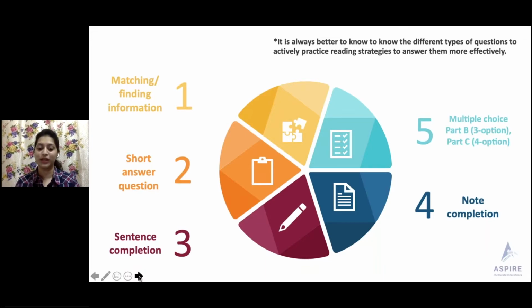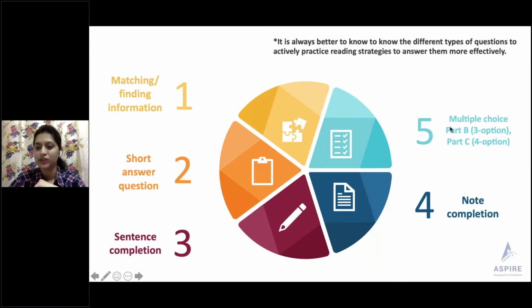You're not surprised by the question format, and when that happens, you end up getting more marks. So let's discuss a few question types. There are 5 possible question types in the OET reading subtest. Again, we need to know this so that your test performance improves.